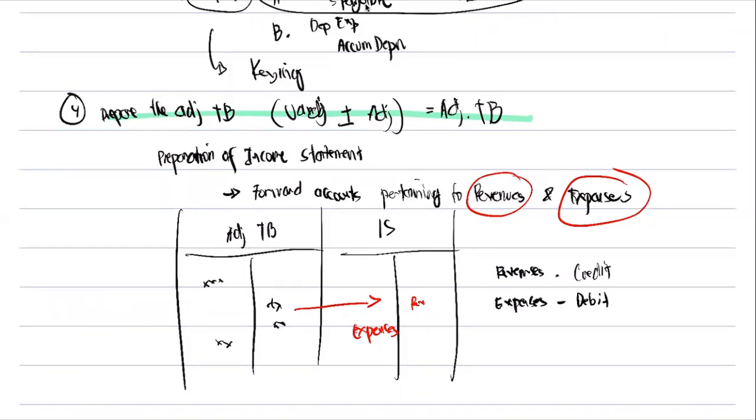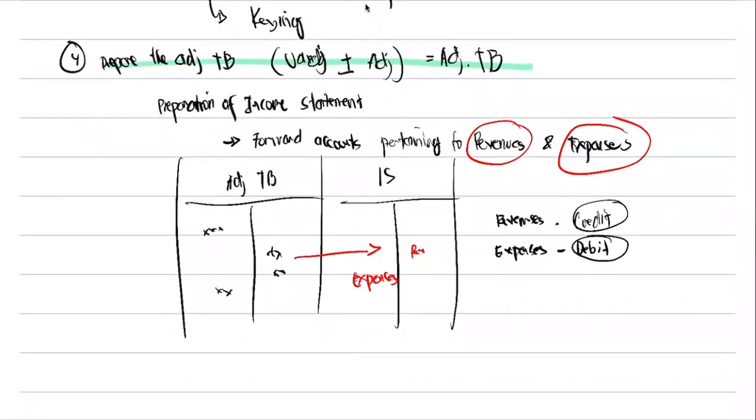Because why? Revenue has the normal balance of credit. Expense has the normal balance of debit. So again, if ever we have here your total credits, it means that is your revenue. Total debits on your income statement, that means that is your expense.